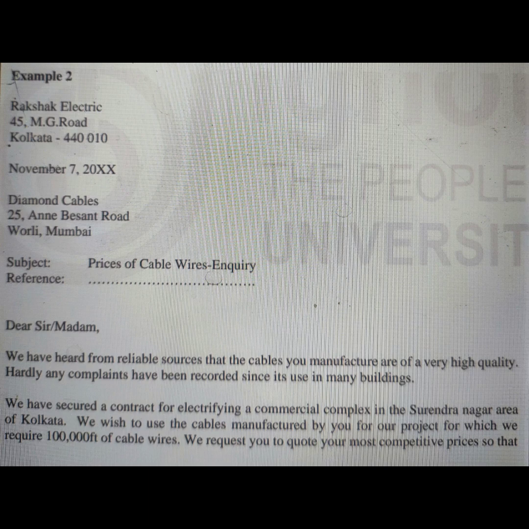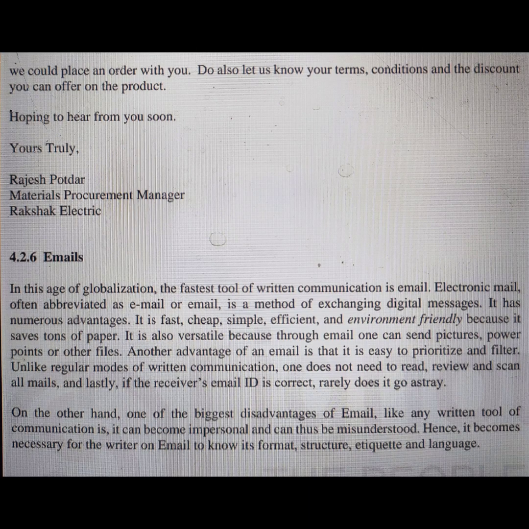We have secured a contract for electrifying a commercial complex in the Surendra Nagar area of Kolkata. We wish to use the cables manufactured by you for our project, for which we require 100,000 feet of cable wires. We request you to quote your most competitive prices so that we could place an order with you. Do also let us know your terms, conditions and the discount you can offer on the product. Hoping to hear from you soon. Yours truly, Rajesh Potdar, Materials Procurement Manager, Rakshak Electric.